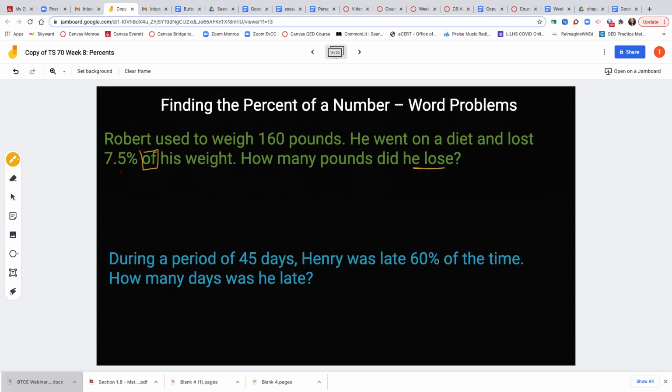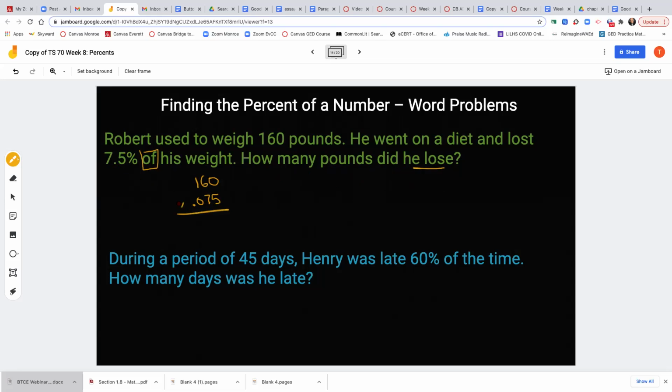Well, this is the amount that he weighs originally. And they want to know if I take 7.5% of that, that would be 0.075, just so you know. I moved the decimal point 2 places to the left.